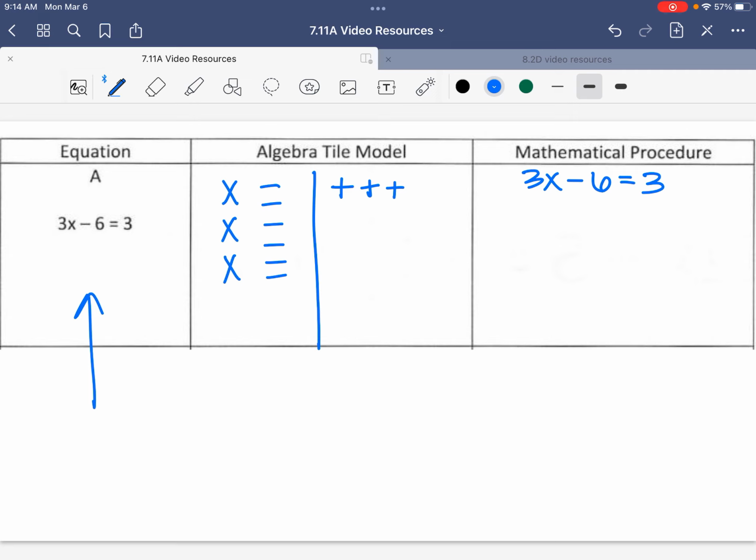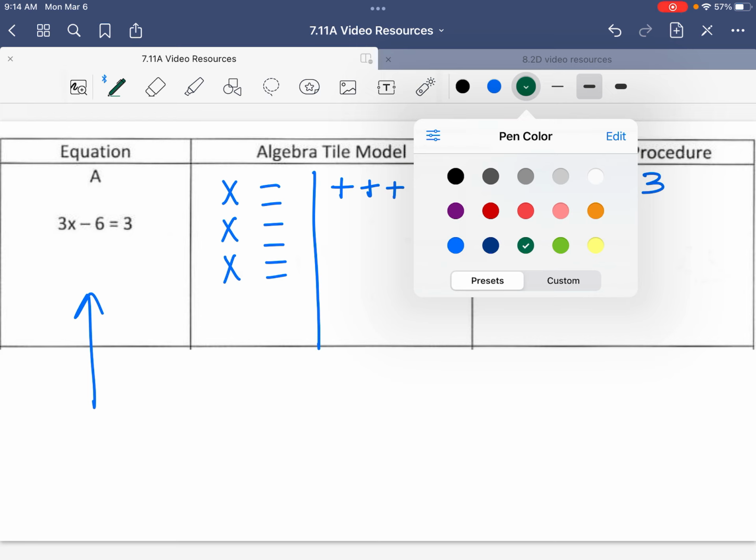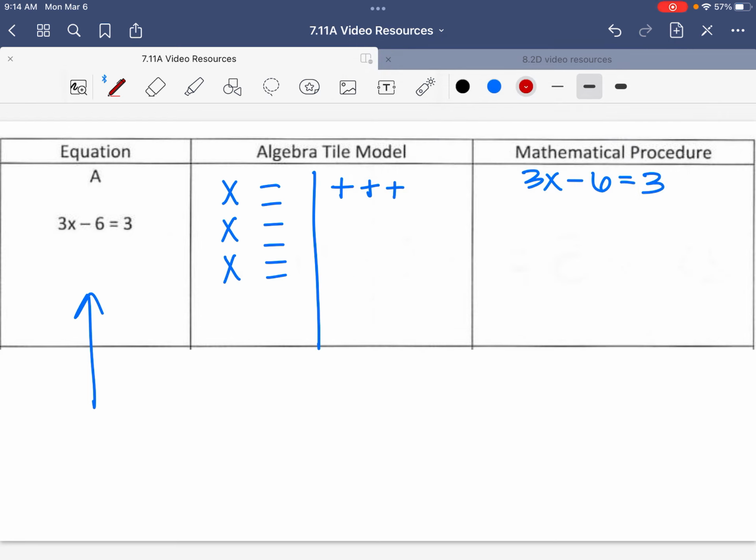So I remember from what we talked about last time that my goal is to isolate the variable, or to get the variable all by itself so I know its numerical value. And part of that means getting variables on one side, all of the numbers to the other, and I can manipulate equations using inverse operations or opposite operations.